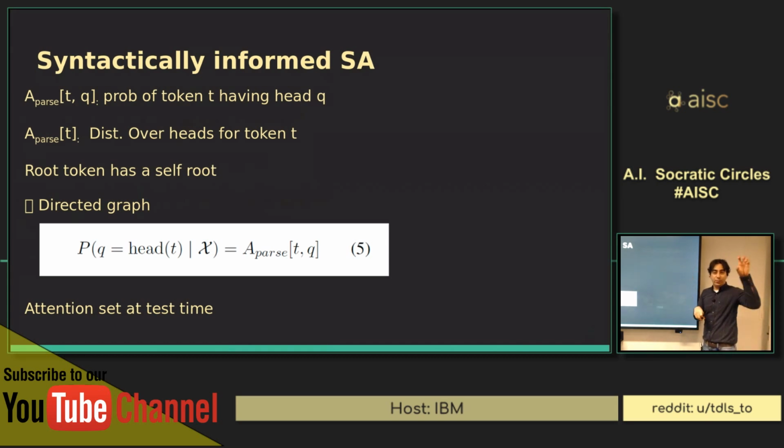So if it's a verb, it refers to itself. It needs to pay attention to itself. And it results in a directed graph. So the probability of q being head of t, given x as your input, equals A parse of t and k.